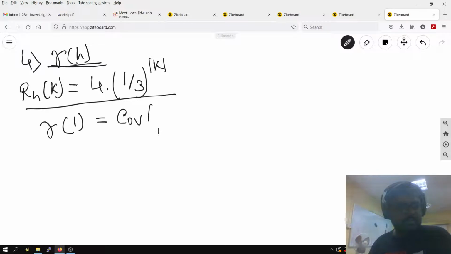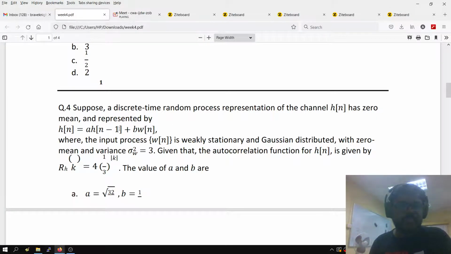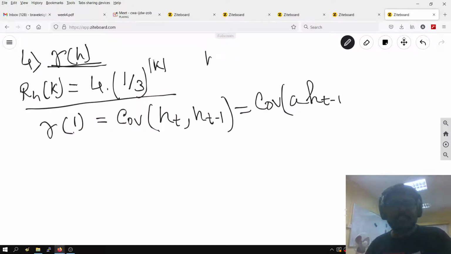This is the covariance of h of t and, as it is 1, just as an example, h of t minus 1. So this is the covariance of h of t with h of t minus 1, as the process is written like this: a times h of n minus 1 plus b times w of n.